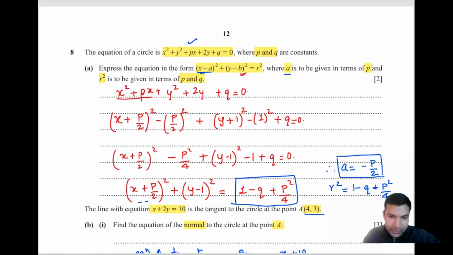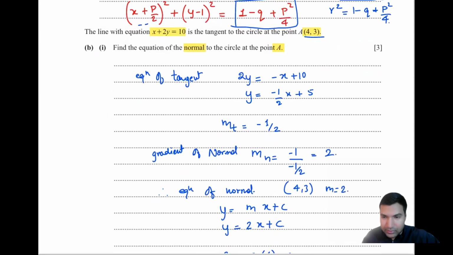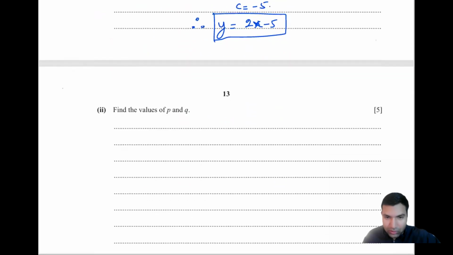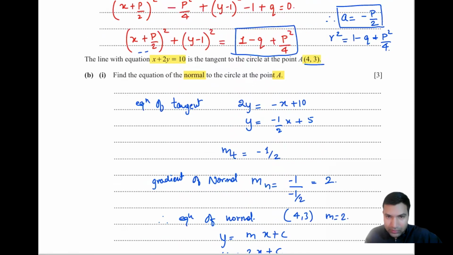I know the derivative, right? dy by dx. Let me first write this. x square plus y square plus px plus 2y plus q is equal to 0, right? So we have this equation of the circle, which is given to us in this fashion.